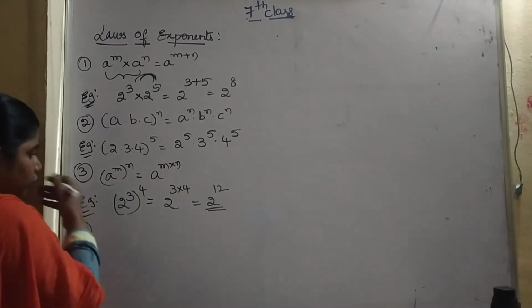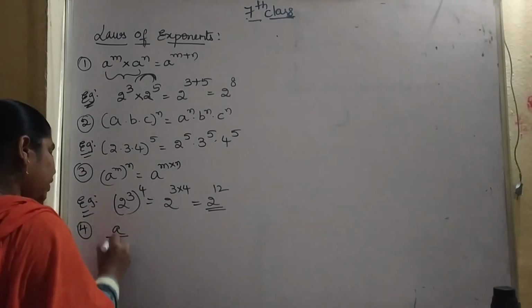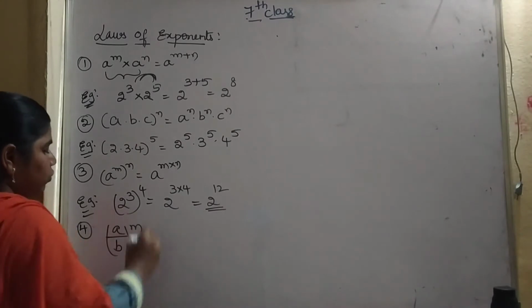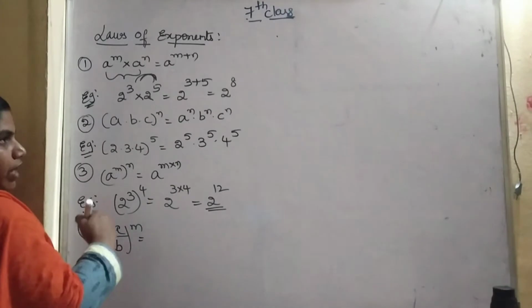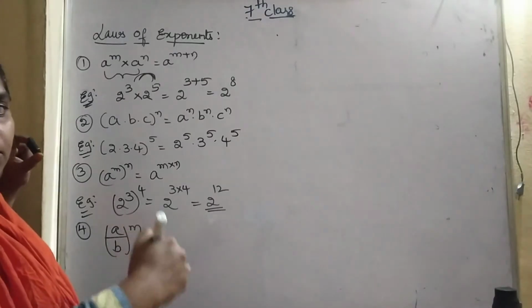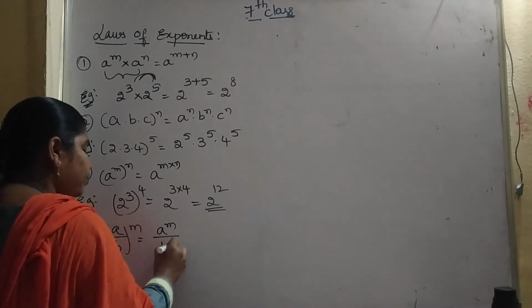Next, the fourth law, that is (a by b) whole power m is equal to. This is in the form of a fraction, so we have to write numerator and denominator separately, that is a power m by b power m.